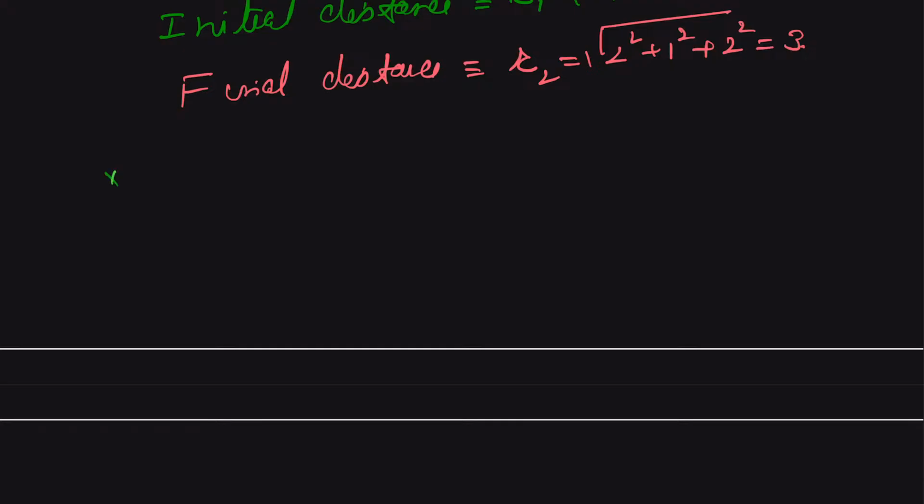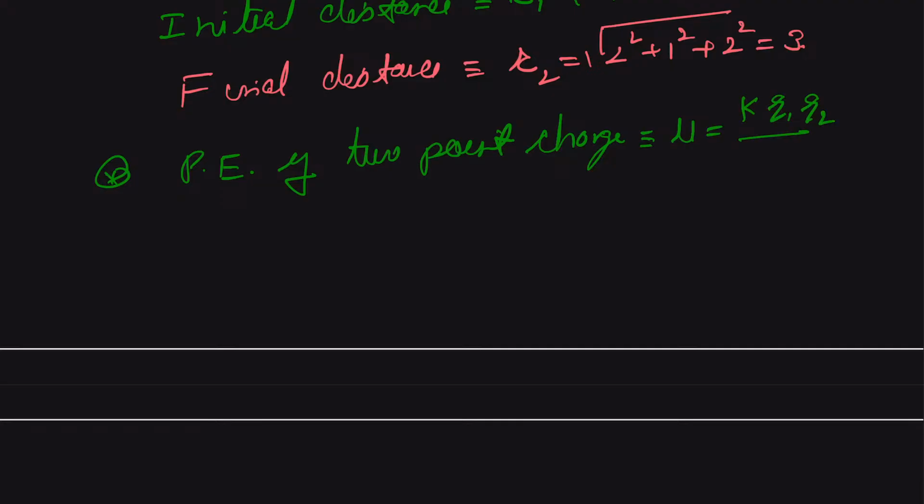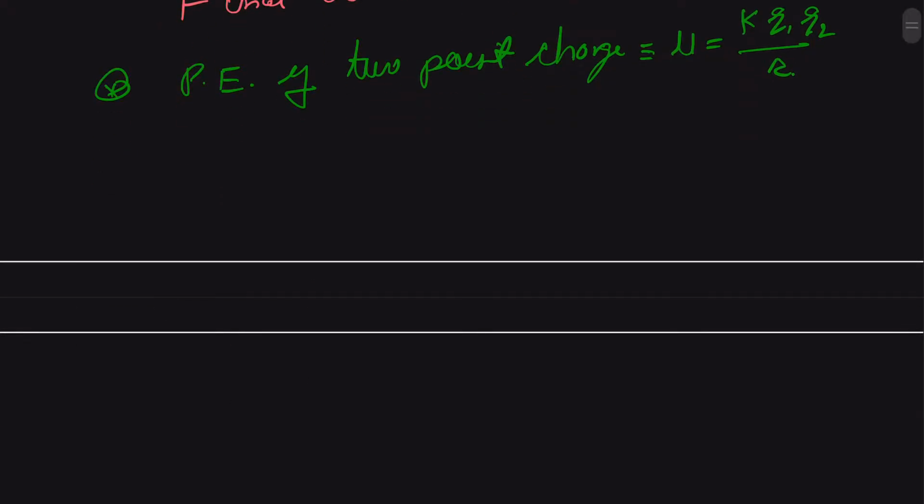We know the standard formula for the electrostatic potential energy of two point charges, U is equal to K Q1 Q2 divided by R. Modifying it for two positions R1 and R2, this will be K Q1 Q2 into (1 upon R2 minus 1 upon R1).